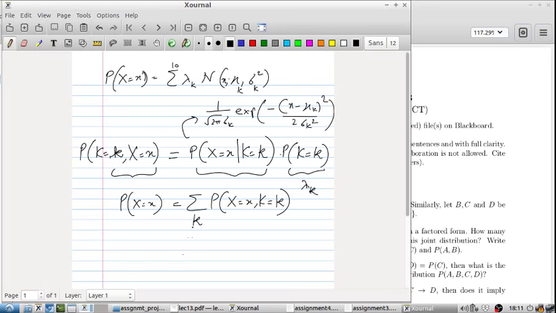Okay. What are all the values that little k can take? This is just p of x is equal to x. This is just marginalization, right? I'm kind of trying to get rid of one of the random variables. So I kind of sum over all the values that it can take. What are all the values that it can take?